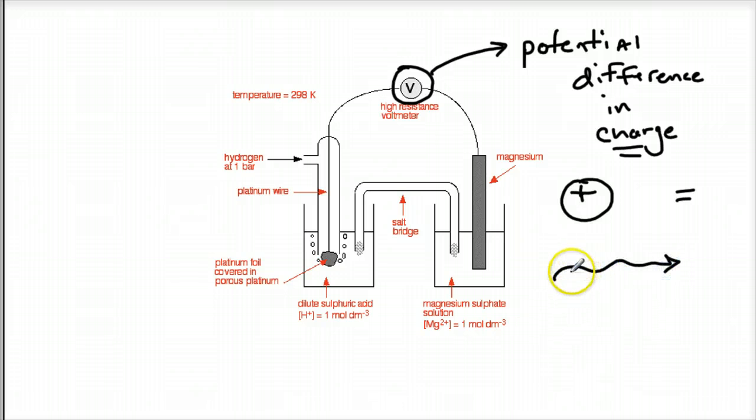But again, the voltage is something that we use to really measure something called spontaneity. Whether a reaction occurs, whether it's a redox reaction or any reaction in thermodynamics, we say if a reaction occurs under a set of conditions, it is spontaneous.